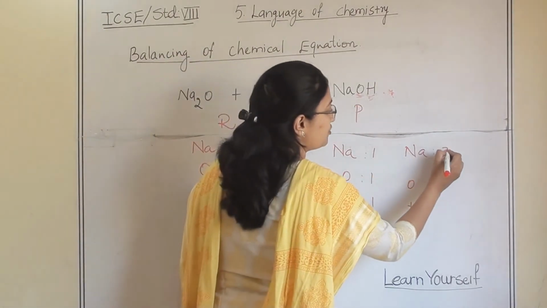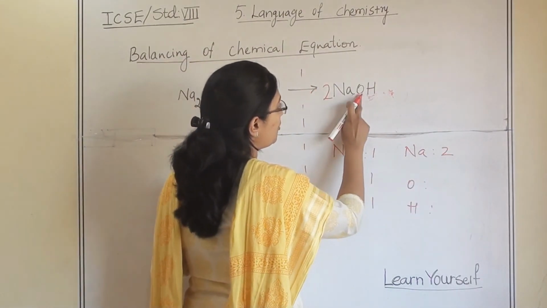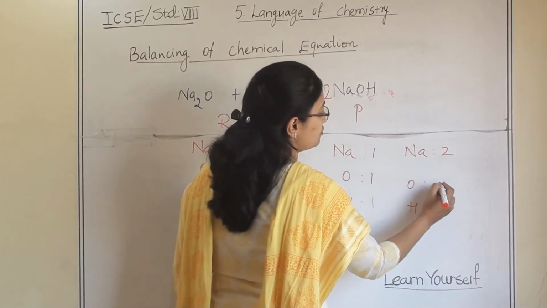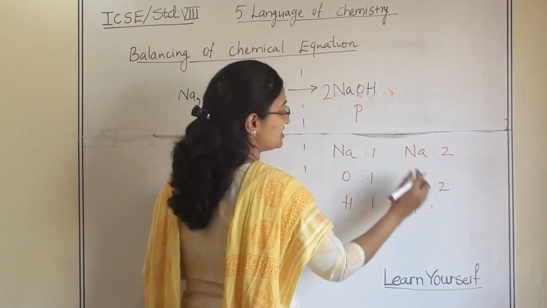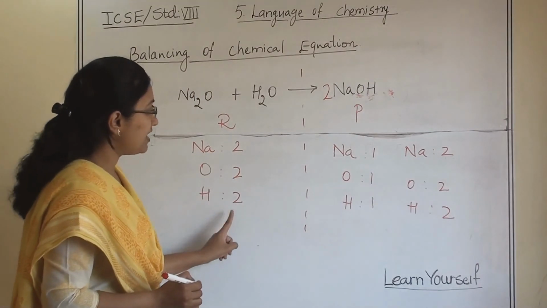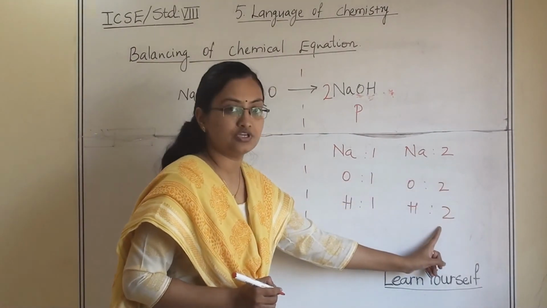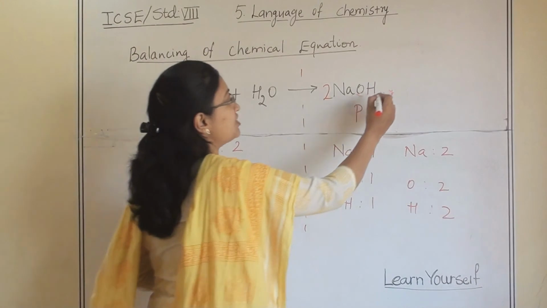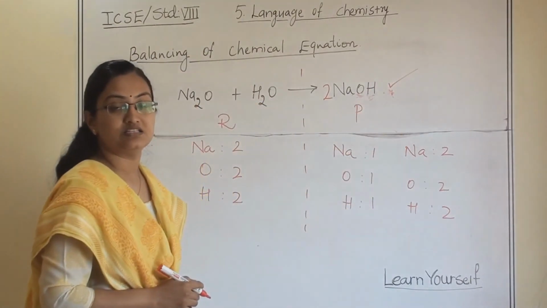So how many sodium are there? 2. How many oxygen are there? 2. How many hydrogens are there? 2. So if you will see, all are 2 here and all are 2 here. So now my equation is balanced.